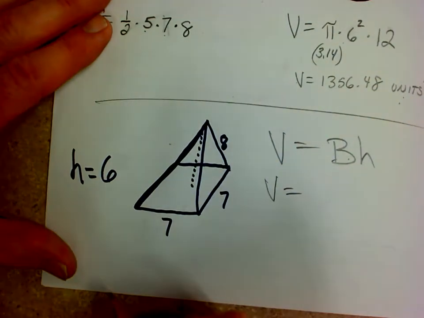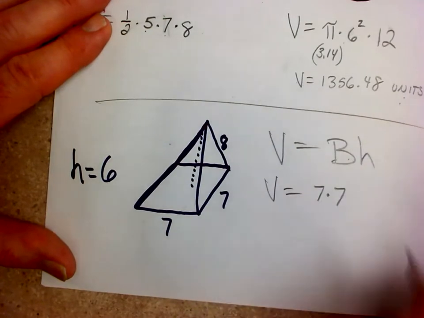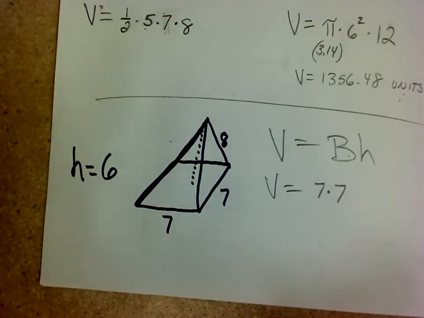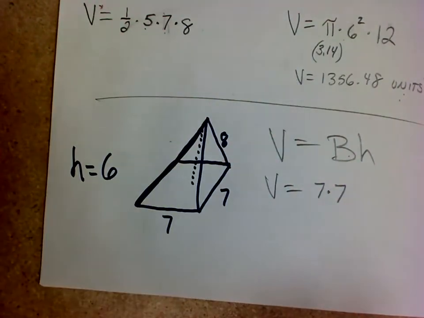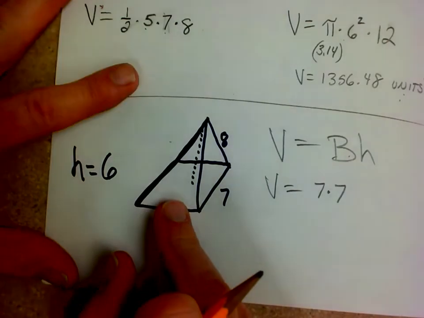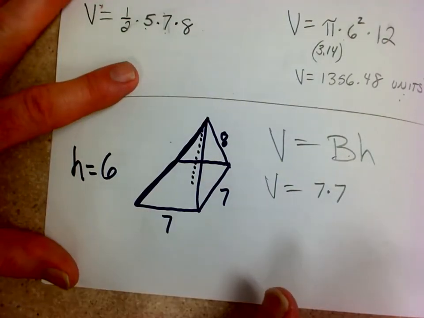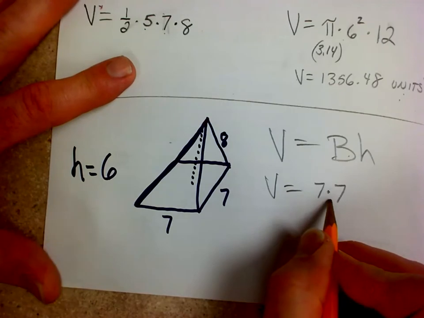So all the triangles are eliminated from being a base. Therefore, the square is our base. Pyramids and cones are unique in that they come to a point. So our base is going to be that surface that we only see one time. That's why we consider that the base.